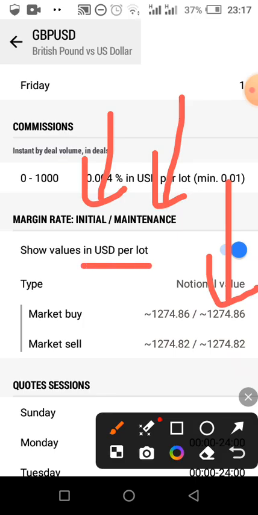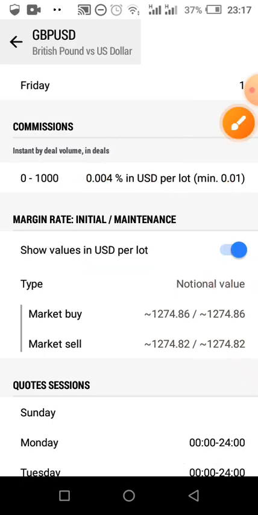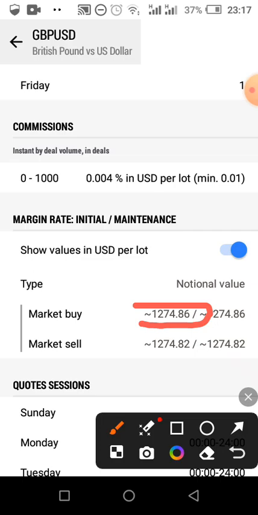So if you were to open a trade with a standard lot, which is 1.00 lot size, your account would need to have $1,274 for you to be able to just open your trade theoretically.